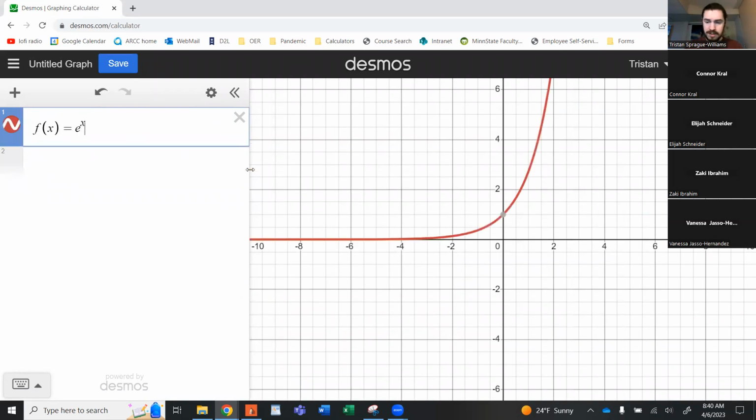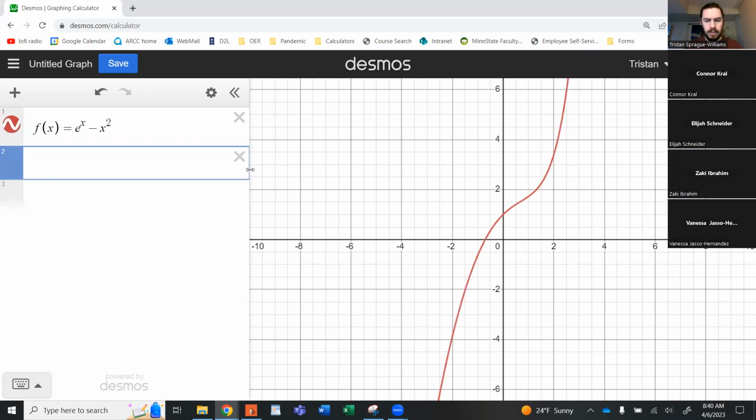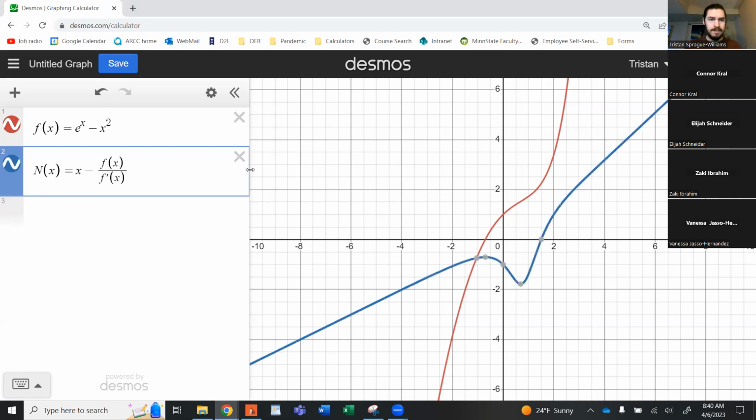I will stick with the same function for now, but we'll change this function in a moment. We're going to define a new function called n of x, and n of x is going to be x minus f of x over f prime of x. Okay, that's a function.